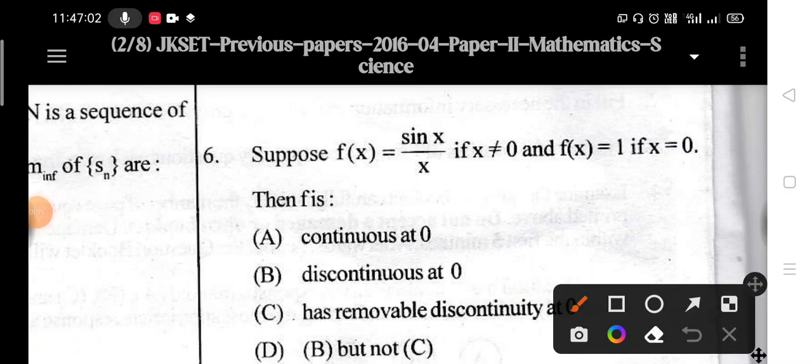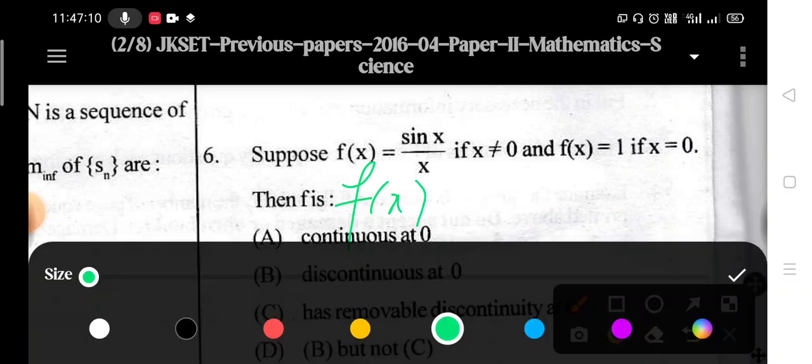So let me choose, now this is the function f of x. Yes, I can choose color of my choice. Let me choose this color. This is a bit dark. Let me increase the size of the font.